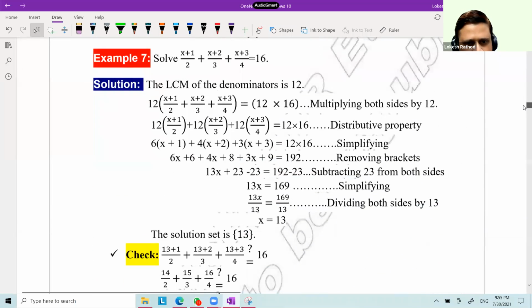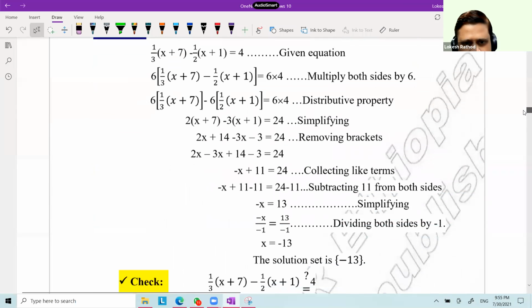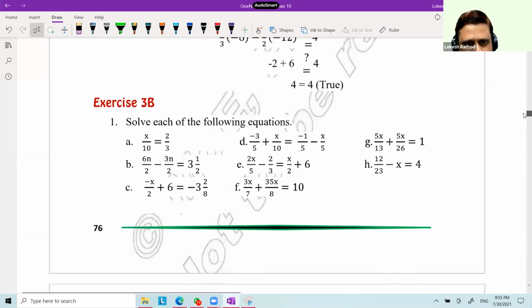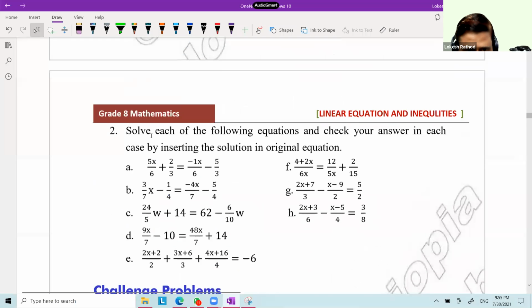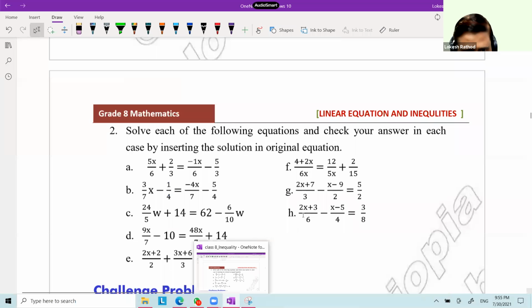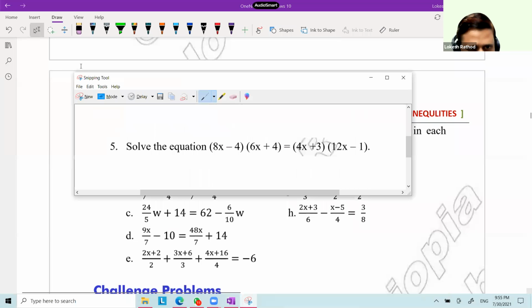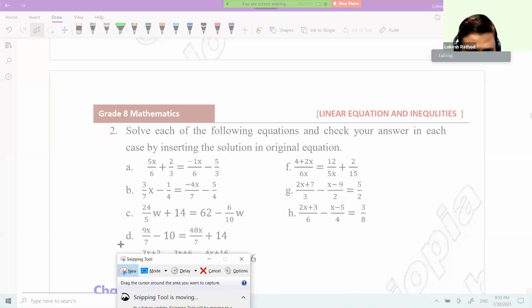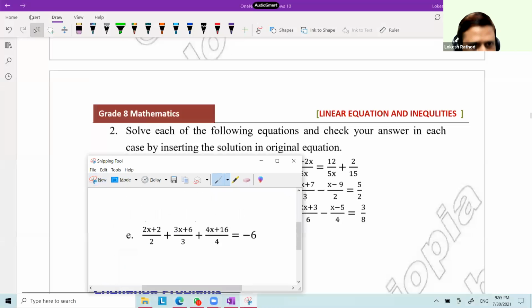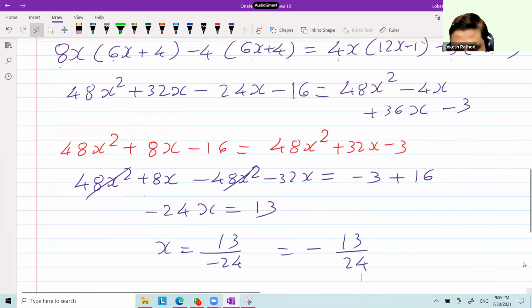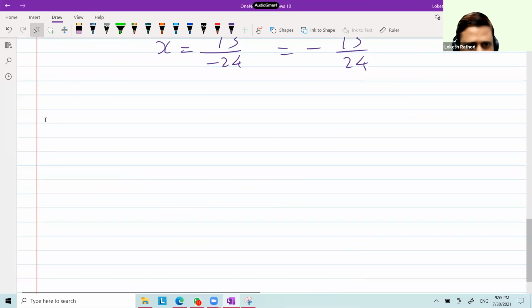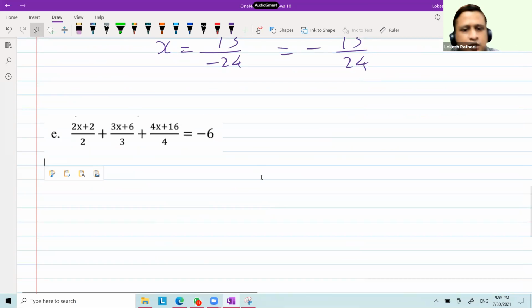So let's do a few questions from this exercise. Let's do this E. As you can see, it's a fraction.